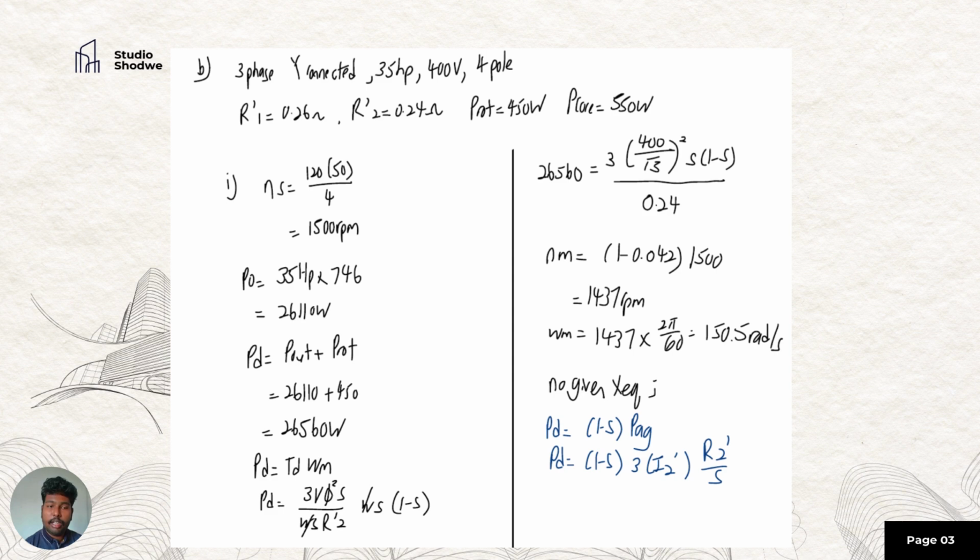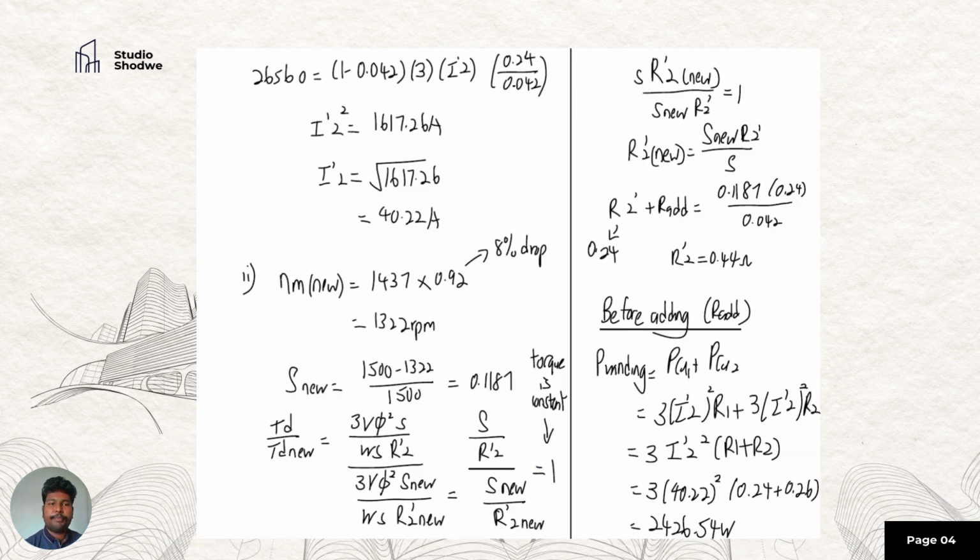So we calculate the power developed, which is 26,560 watts. And also by using the formula, we can obtain the speed of the motor. Next, from there, the equivalent circuit is given.